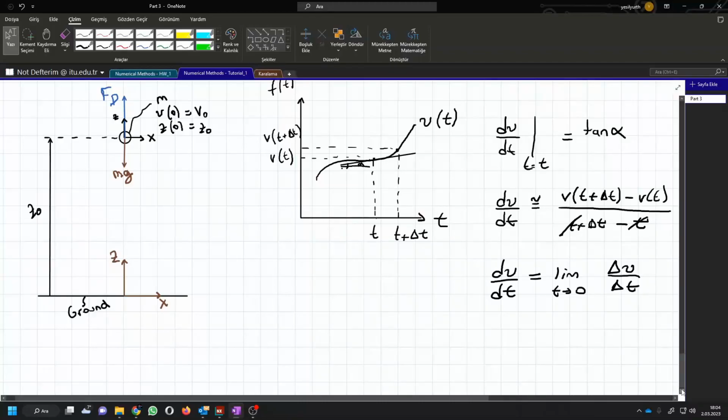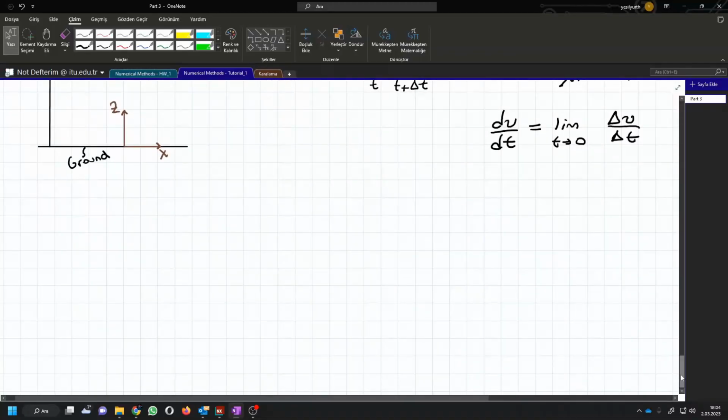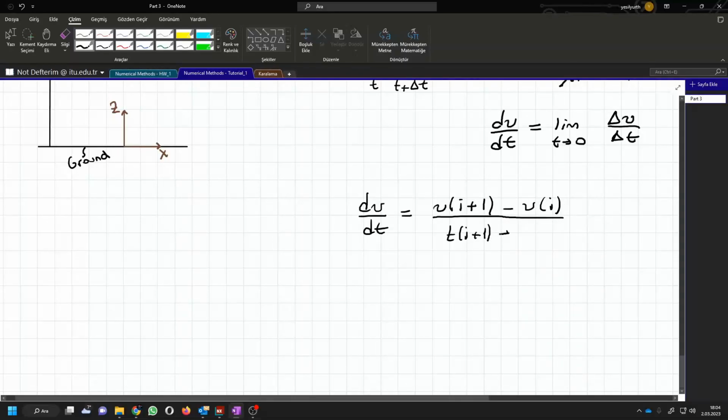So in a programmatic way, I can also declare this equation like this: dv over dt will be equal to v(i plus 1) minus v(i) over t(i plus 1) minus t(i).